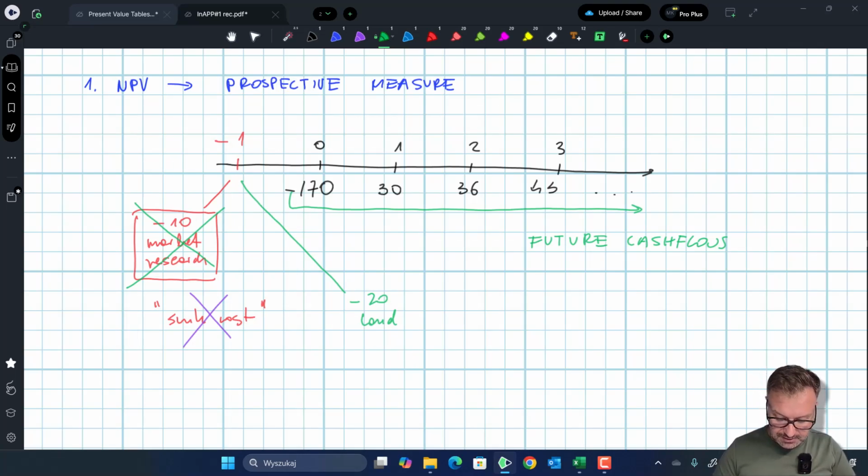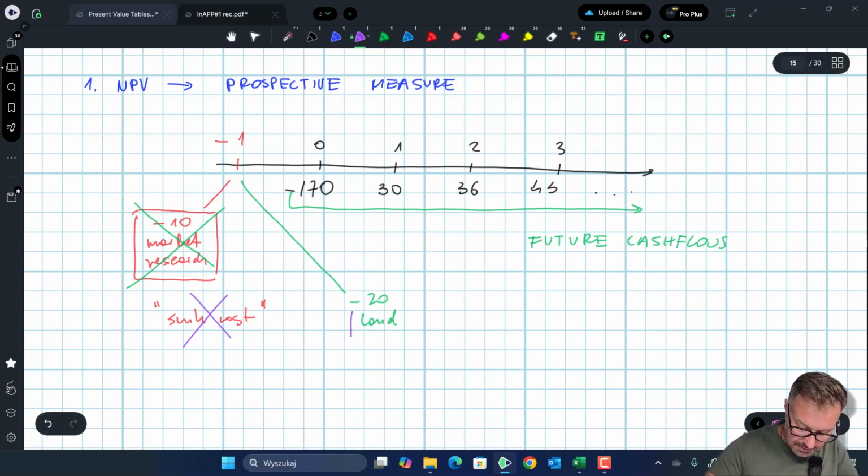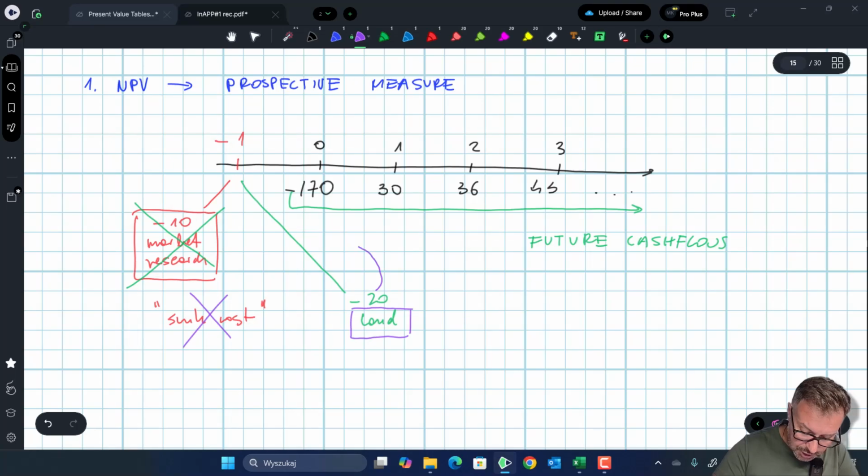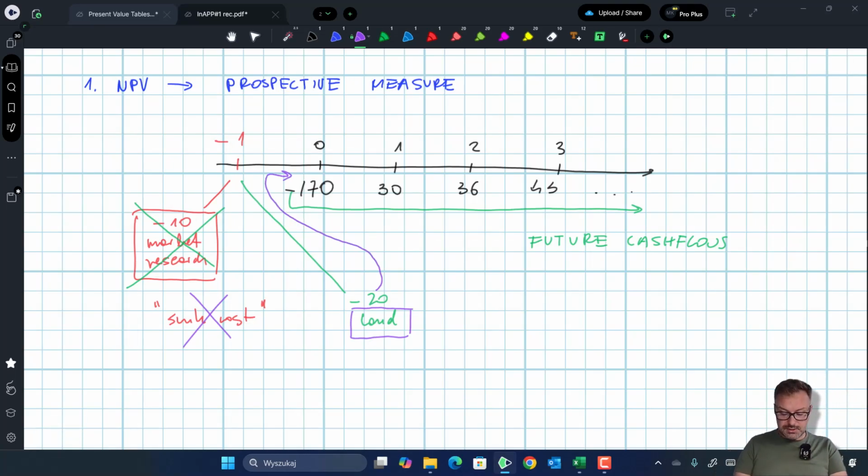In fact, this piece of land that the company bought will then be used in this future investment. We don't treat this as a sunk cost, but instead we include this in the initial investment of 170,000.